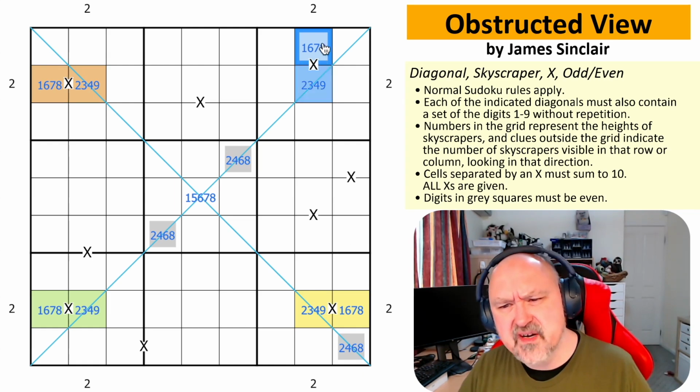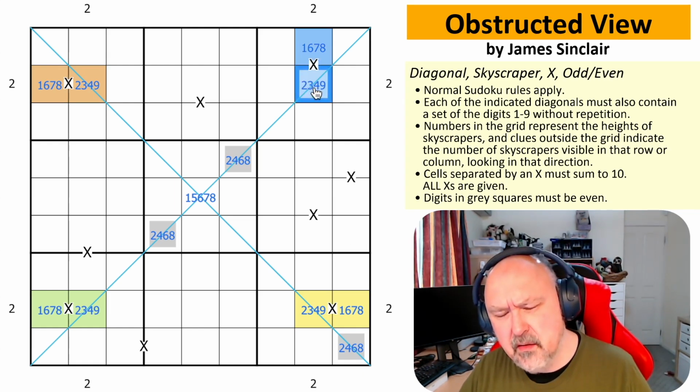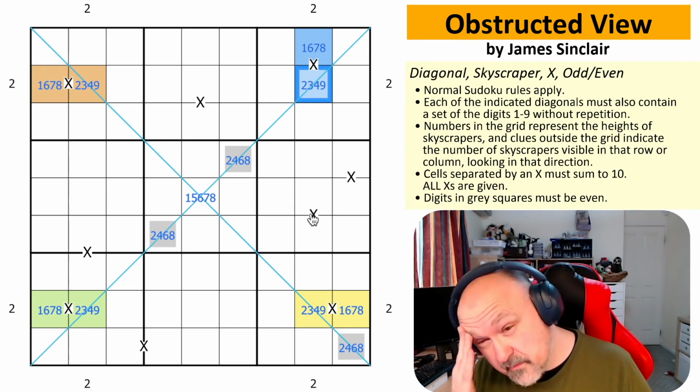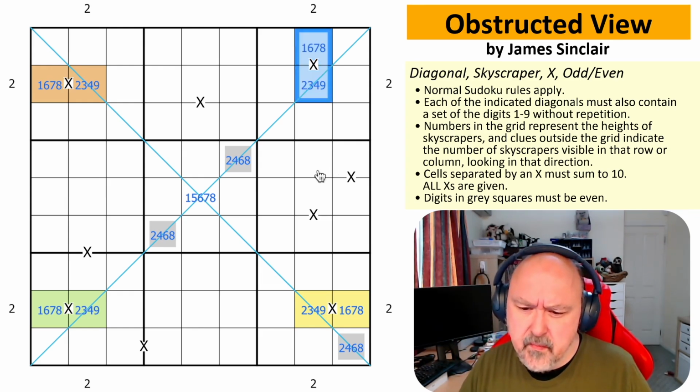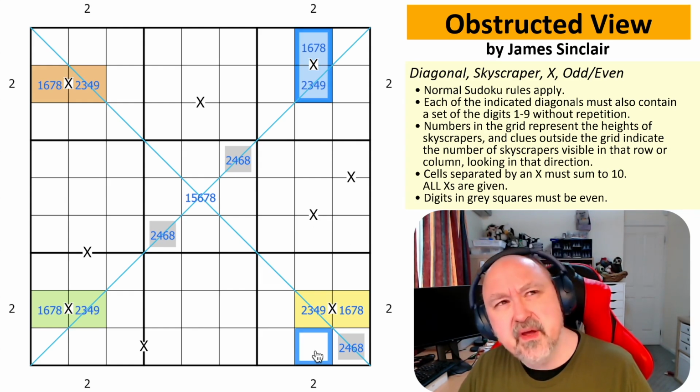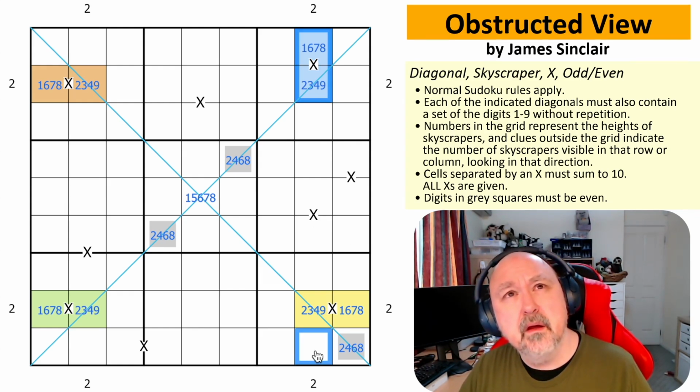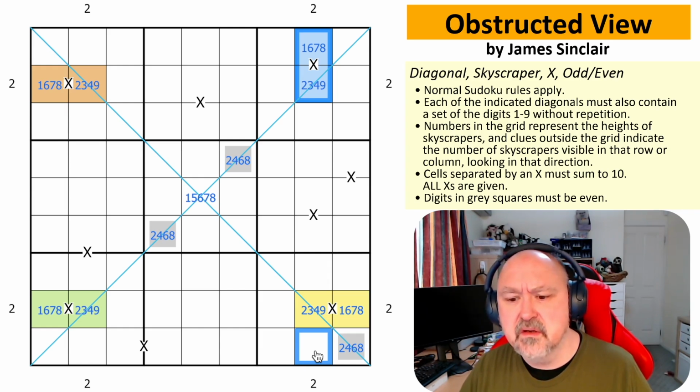Like, is that trying to tell me this has to be the 1, 9? For some reason? Like, if this is the 9, then so if this is 1, 9, this would have to be, well, it'd have to be the 8, because if I put anything other than the 8 in here, yeah, if this is 1, 9, this would have to be the 8.